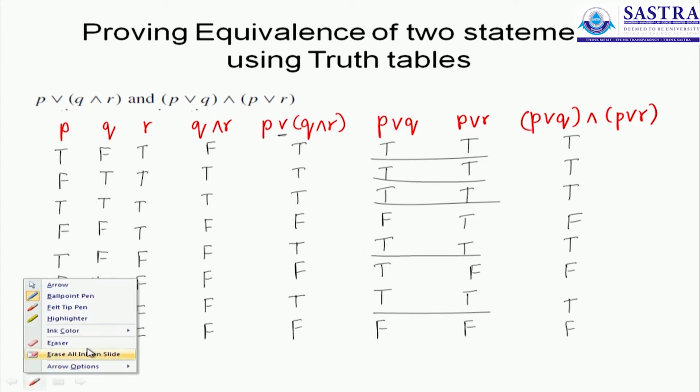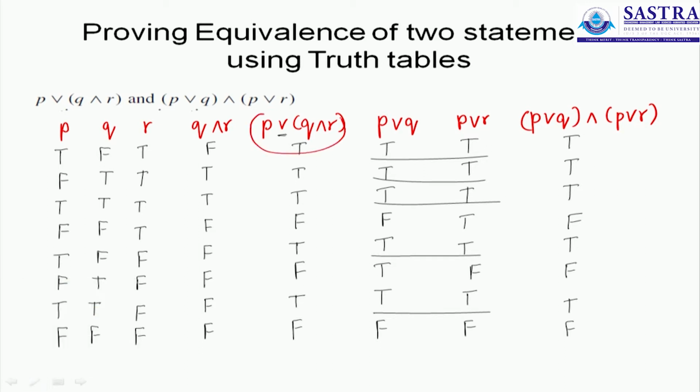Now when you compare column 5 and column 8, you will see that they match term by term. Each of the truth values are a 100% match. They are identical, true across all 8 rows. There is not a single case where they disagree.